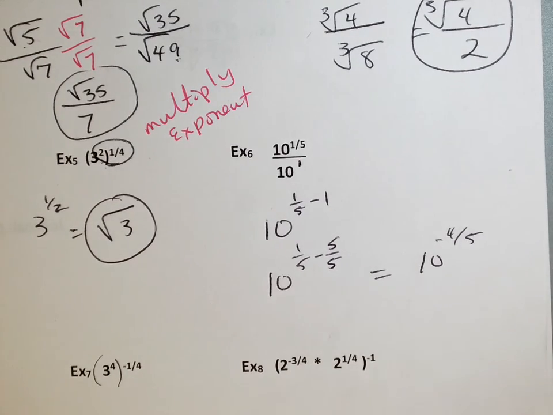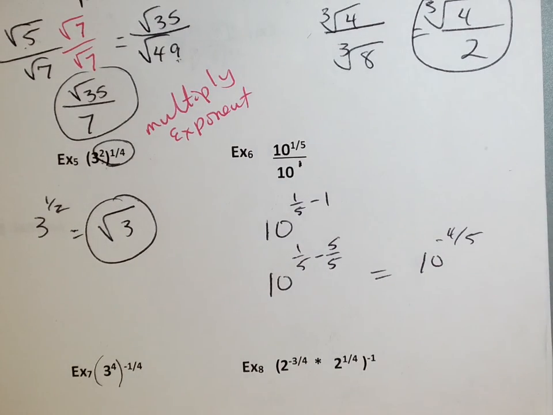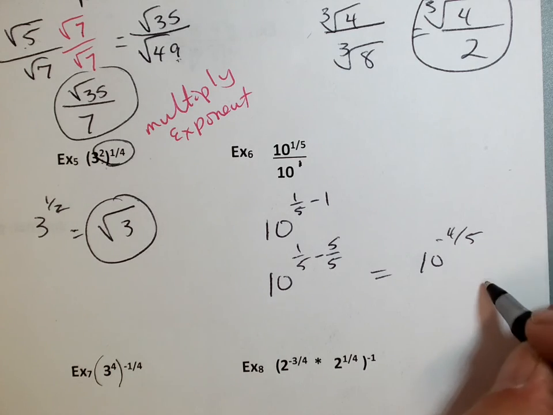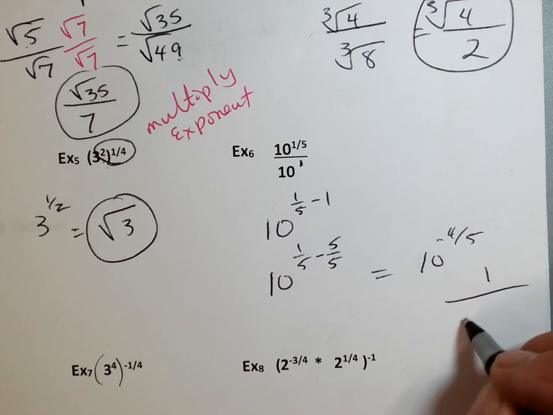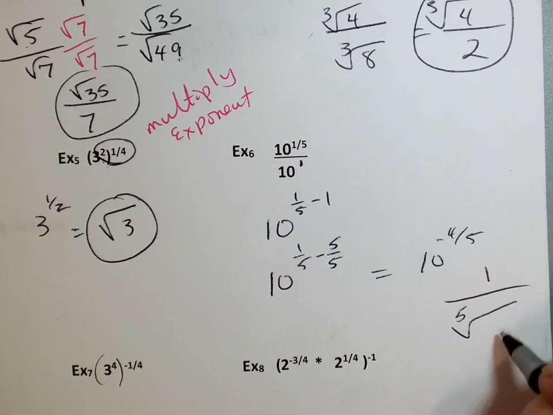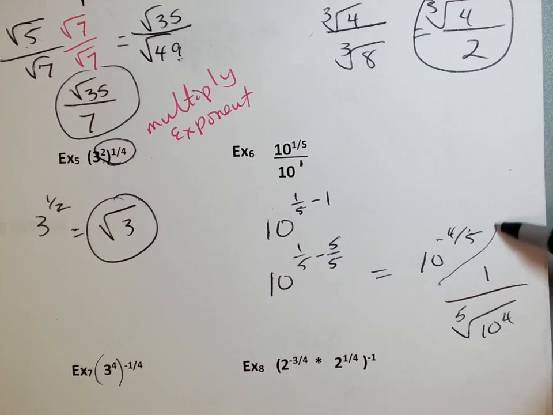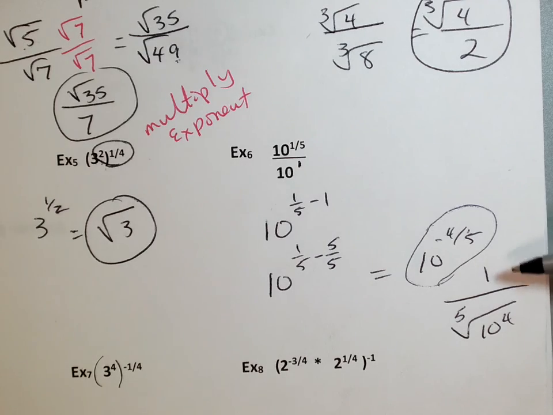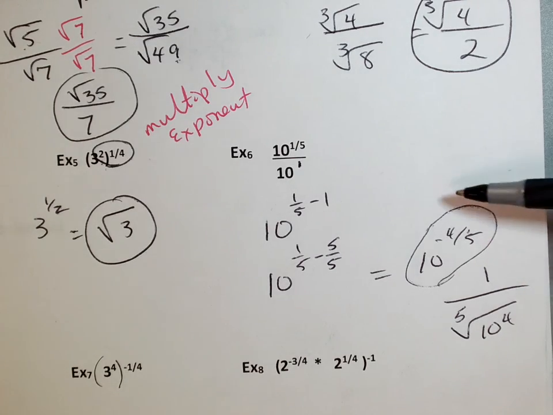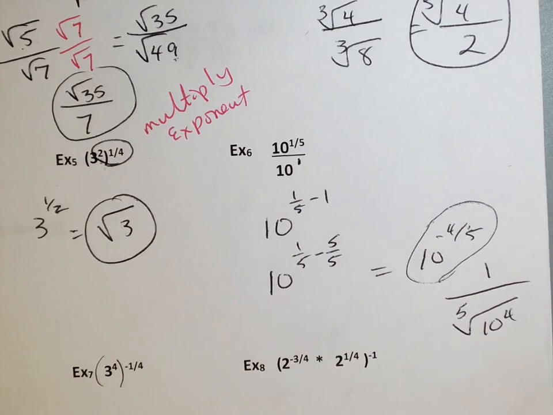And I like that answer. If you want to get fancy with this, you could make it 1 over the 5th root of 10 to the 4th. But which answer do you like better? Probably that one, right? So we could just leave it like that? Yeah, that's a fine answer because you've done the most important step, and that was to subtract exponents, okay? How am I doing, okay?